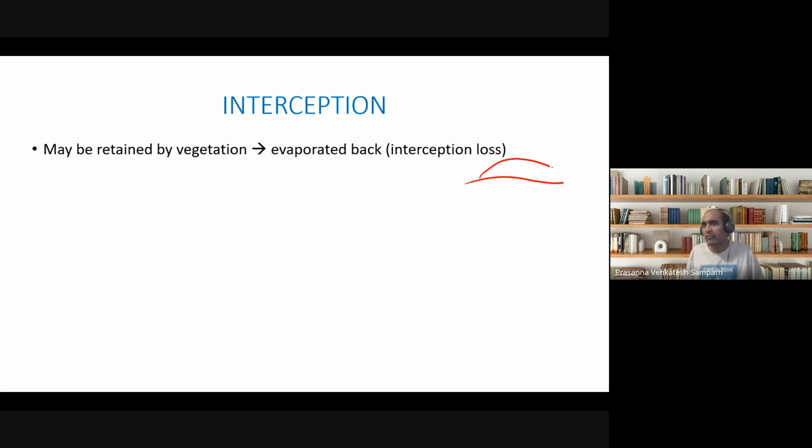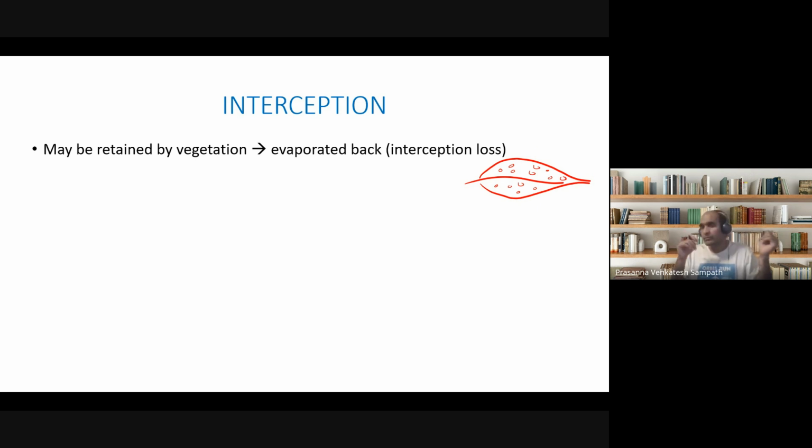Let's say I have a leaf, something like this, and there are some drops of water on the leaf after the rainfall event. One thing that can happen to these drops of water sticking on the leaf is that they can just evaporate back into the atmosphere, and that phenomenon is called interception loss. Okay, that can happen.